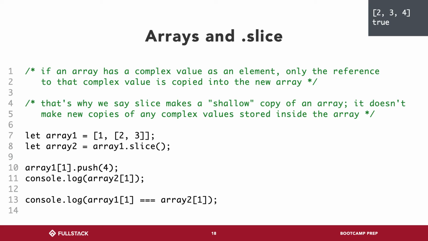But if we do array 1 at index 1, which is this array, and we push in 4, and then we console.log array 2 at 1, we get 2, 3, 4, and you see that array 1 at index 1 is triple equals to array 2 at index 1, because slice is shallow. Only the reference to the complex value is copied into the new array. Okay? Does that make sense?